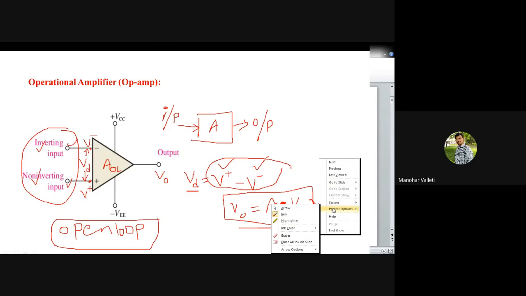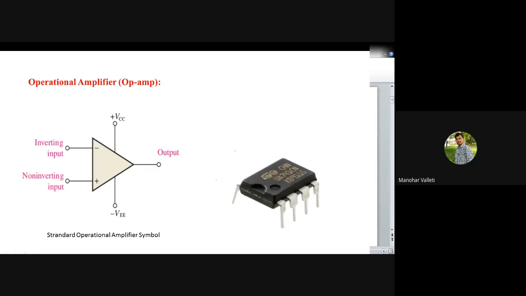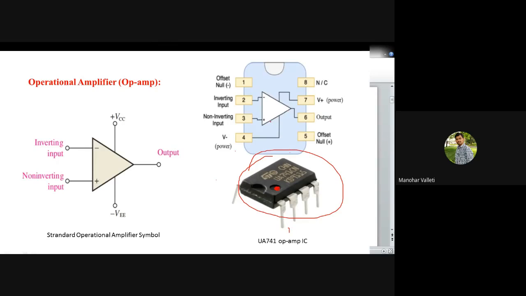If you want to see the operational amplifier pin diagram and how the operational amplifier looks commercially, just see. This is how the operational amplifier IC will look, with a notch. This one is pin number 1. This is the pin diagram.